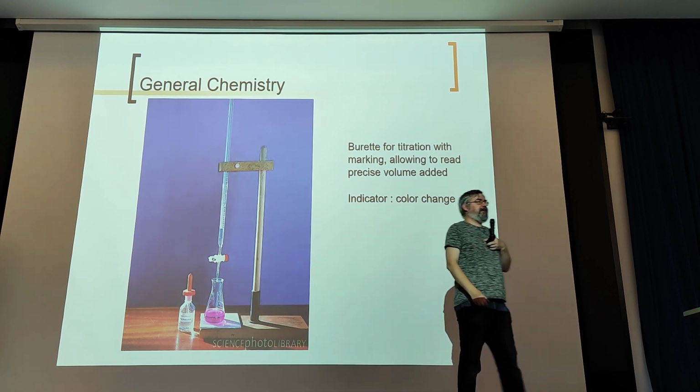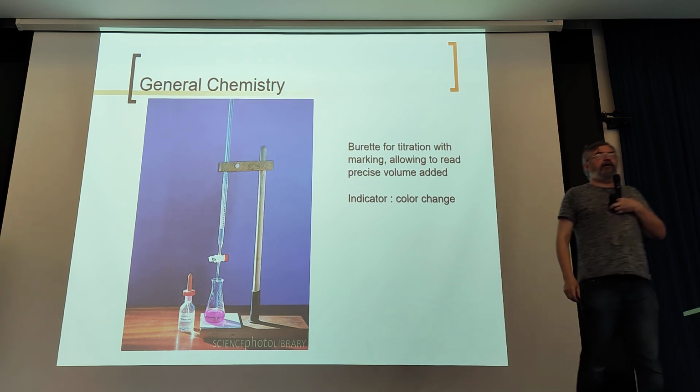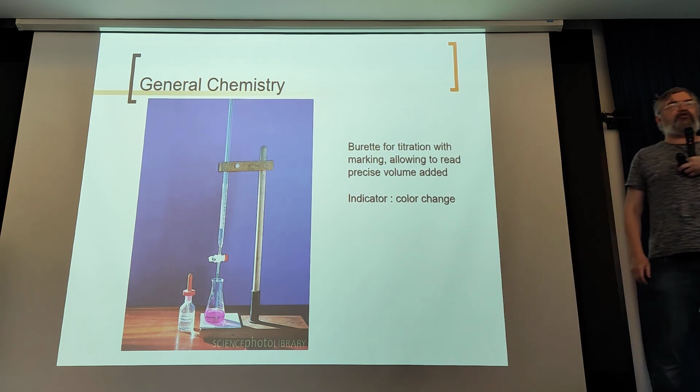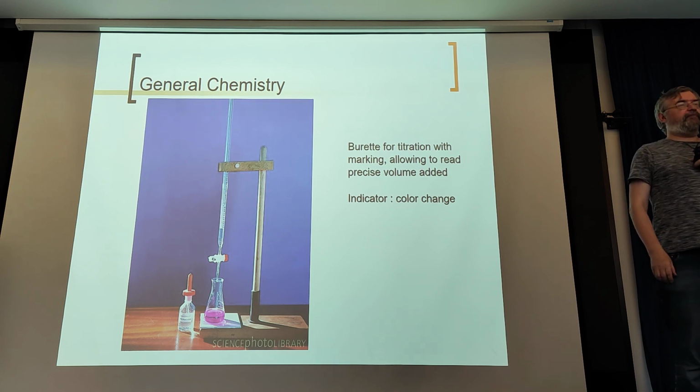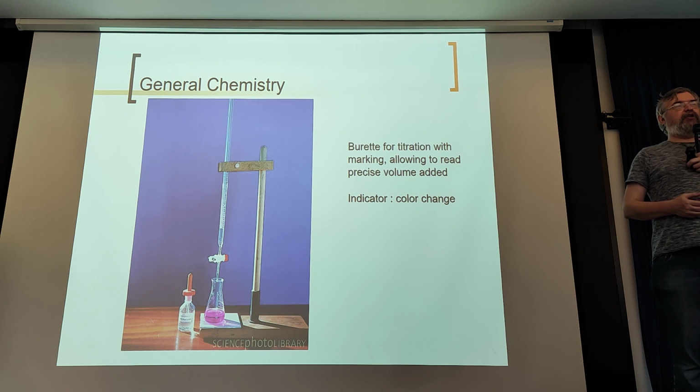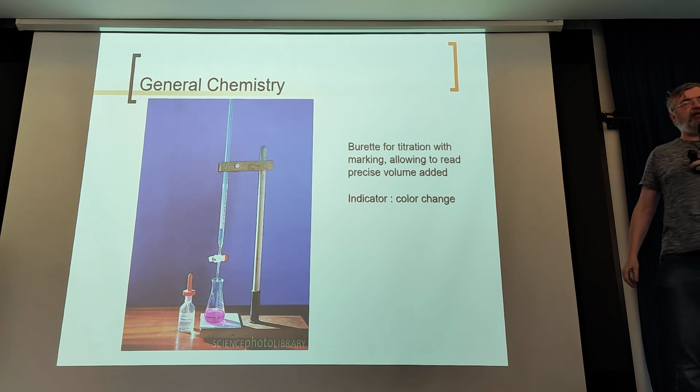And typically, there's an indicator that tells you when the reaction is finished, for instance by a color change. So this is a typical acid-base titration, in which we know that it's the end by the change of the color from white to this pinkish color.